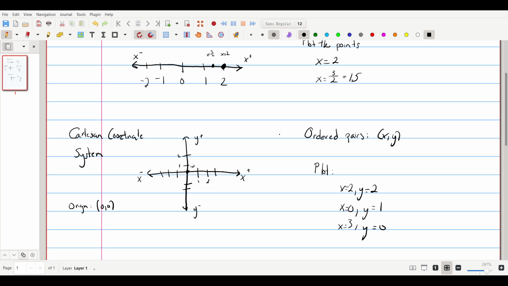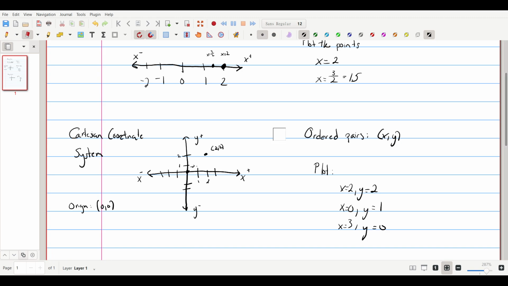We're moving this way, 1, 2, and then we also need to go up 2 to get to y equals 2. And so we're here, right? And so we go 1, 2. And now we've satisfied both x equals 2 and y equals 2. And so there's our point.